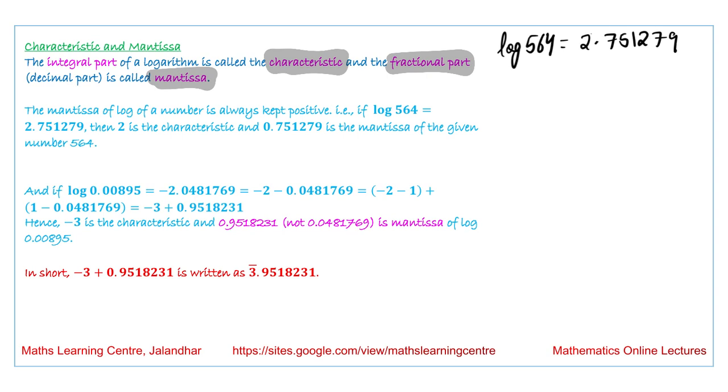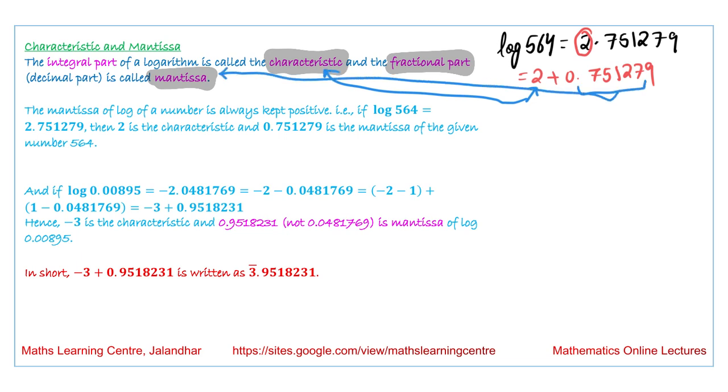Then this is equal to 2 plus 0.751279; this 2 is called the characteristic and this fractional part is called the mantissa.